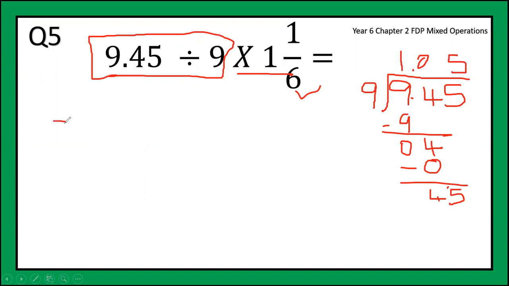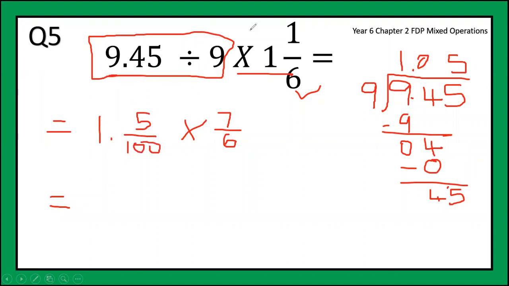So now my answer for this part is 1.05 times, okay, change this to an improper fraction, 7 over 6. Of course, 1.05 you can also change to a fraction. 1.05 is 1 and 5 over 100.